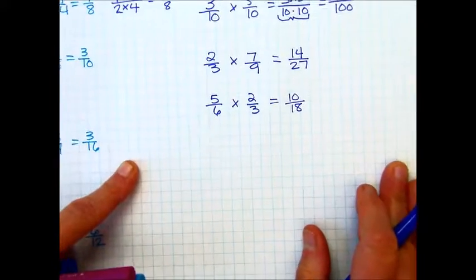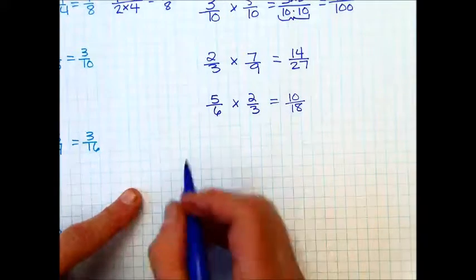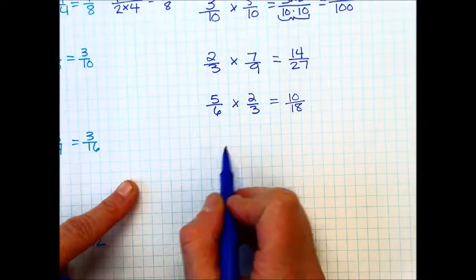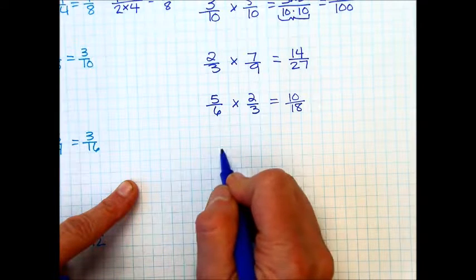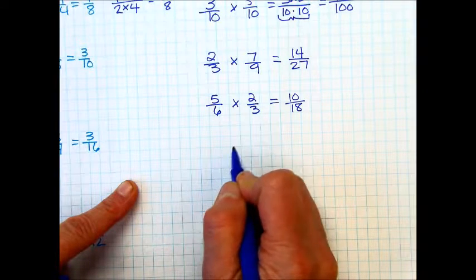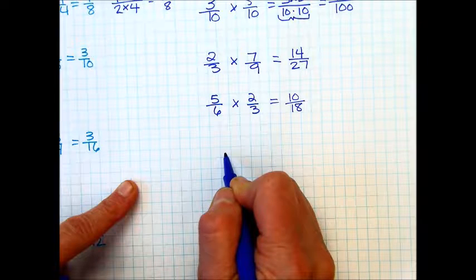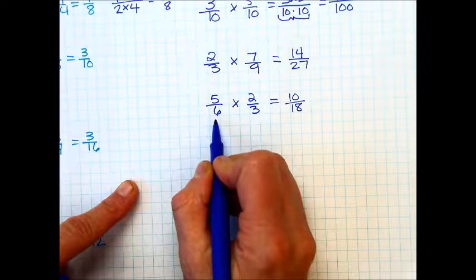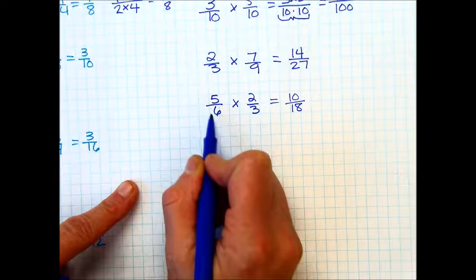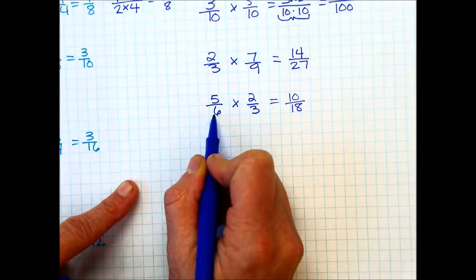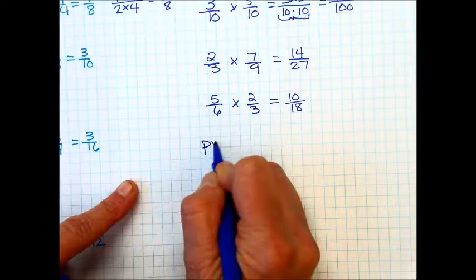Now, before we move on, I want to share with you some names of fractions. Whenever we have a fraction in which the numerator is smaller than the denominator, like in this one here, 5/6, the numerator is less than the denominator, this is called a proper fraction.